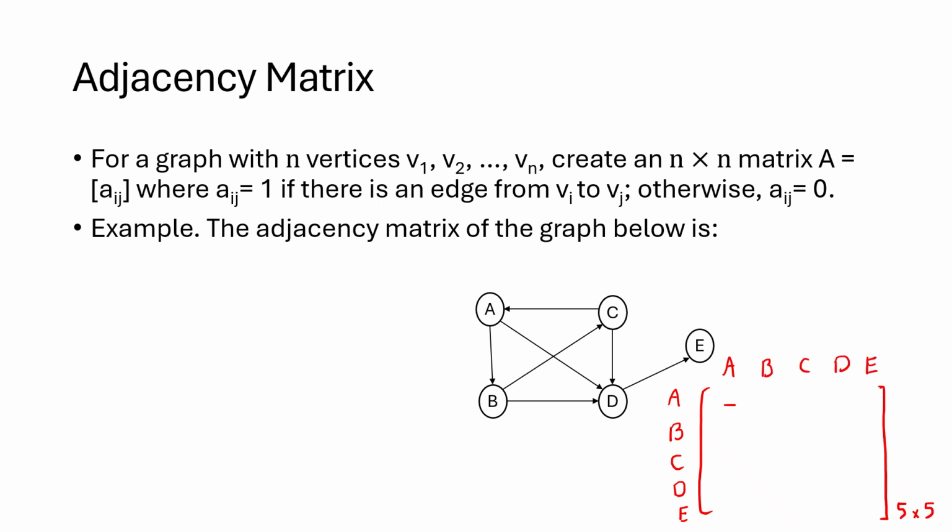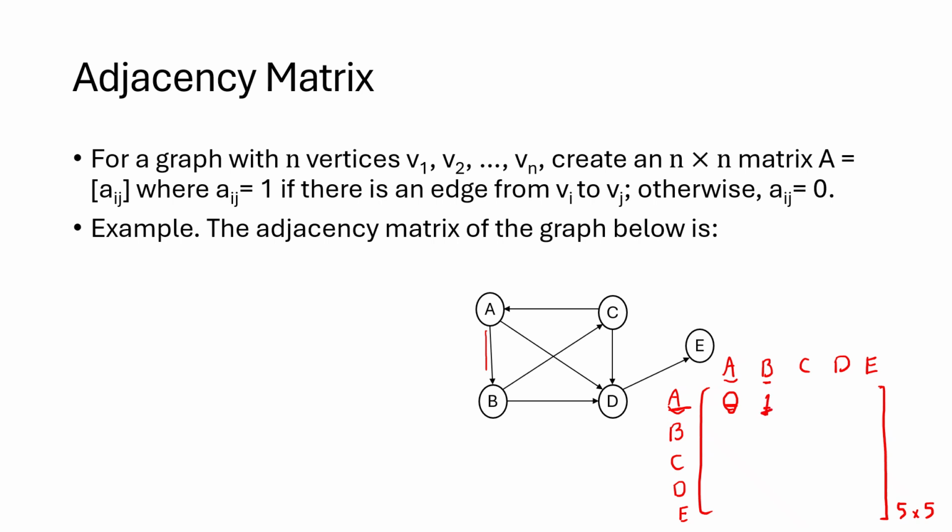Now for the first entry down here, we ask the question, is there an edge from A to A? And we look at the graph and the answer is no, which means this entry is a 0. Then for down here, we ask the same question, whether there is an edge from A to B. And if you look at the graph, actually there is an edge going from A to B, which means that this entry is going to be a 1.